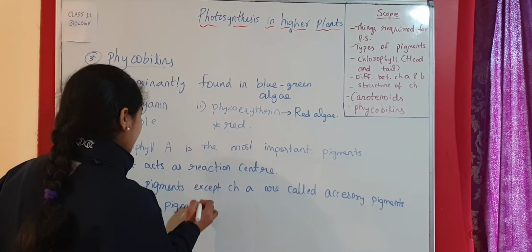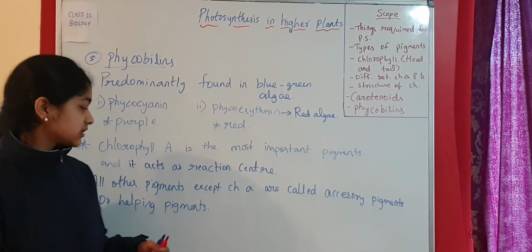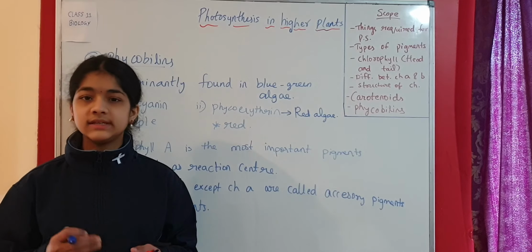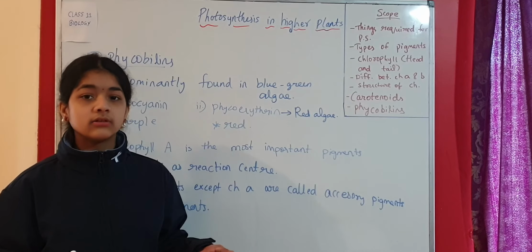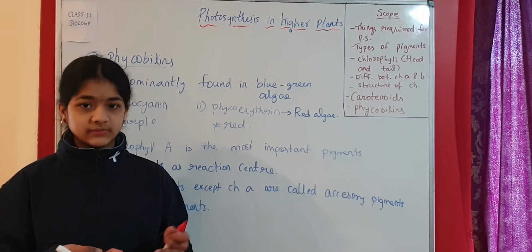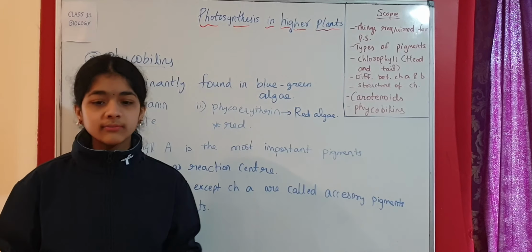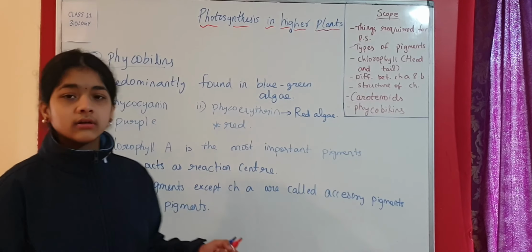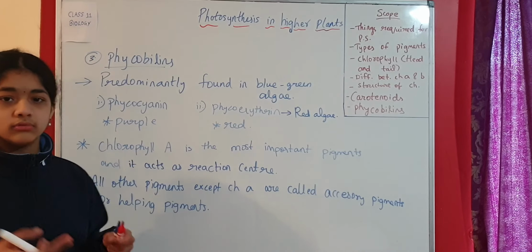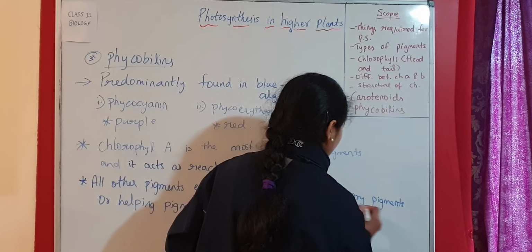So we have learned that chlorophyll A is the most important pigment and it acts as reaction center, but all other pigments like chlorophyll B, chlorophyll C, D, E, bacteriochlorophyll, bacterioviridin, carotenoids, carotene, xanthophylls, and phycobilins, phycocyanin, phycoerythrin, these all pigments just help in photosynthesis. They help chlorophyll A to do its function. So thus they are called accessory pigments.